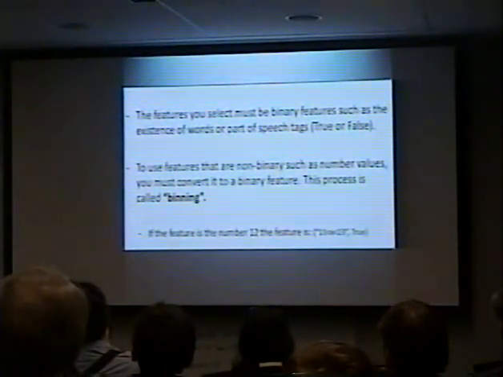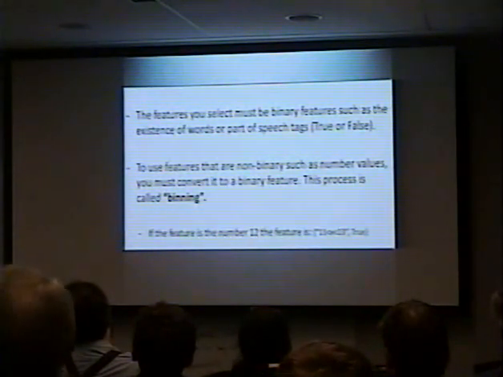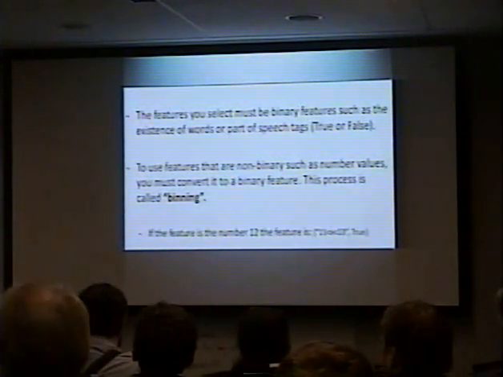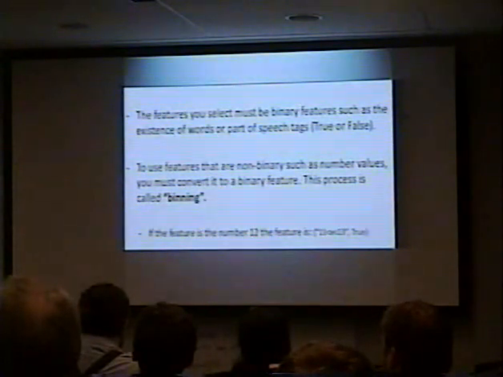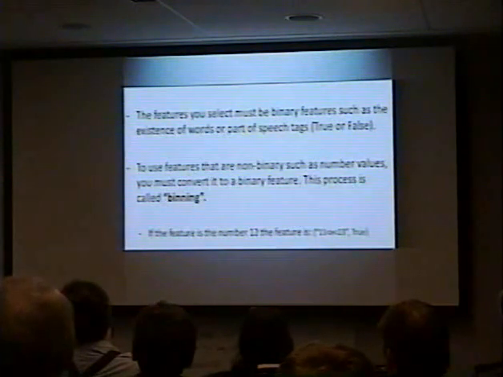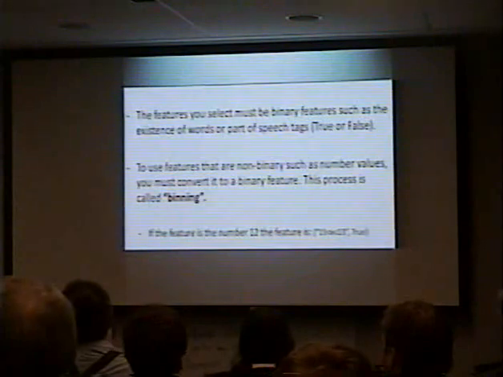And you can actually take features that are non-binary. Let's see, a good example. Okay, let's say you took the syllable count divided by the number of words in any given text, and for whatever reason you're considering that to be a feature of a certain category that you're assigning things. You can convert it to a binary feature in a process called binning. At the bottom here, instead of the word itself and true if it existed, as we did earlier, you would actually do a range.